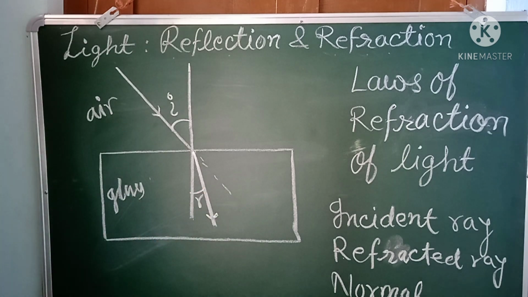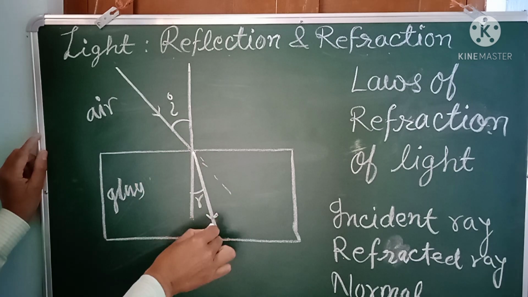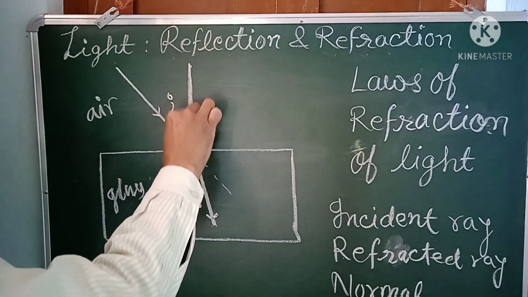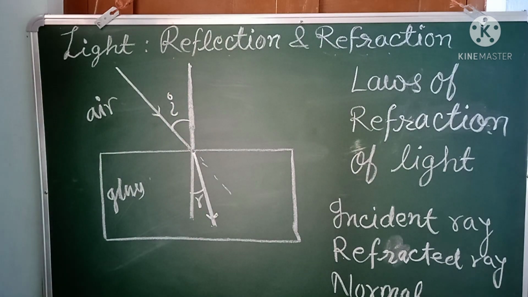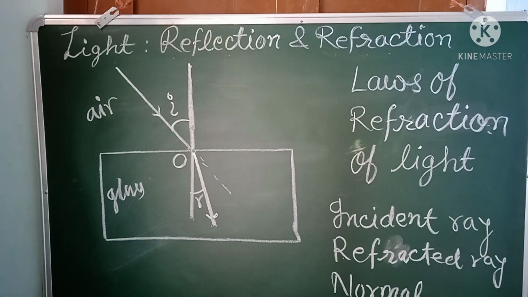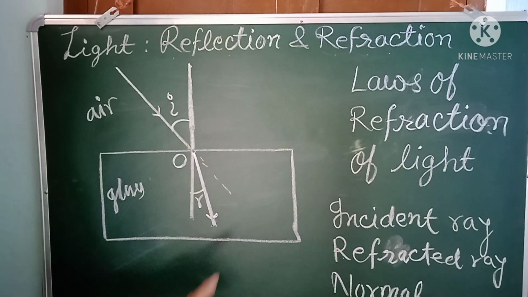Now the laws of refraction of light. First law: the incident ray, refracted ray and the normal to the interface of two transparent media at the point of incidence all lie in the same plane. This is the first law of refraction.